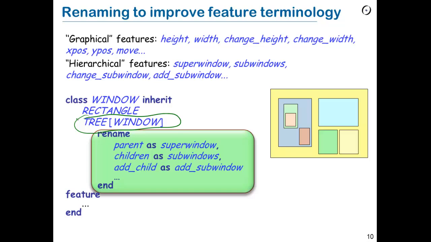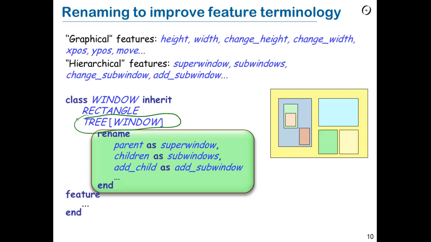However, in the class tree, we are going to have terminology which is adapted for the tree view of things. Things like parent, children, add a child, remove a child, and so on. Now, for class window, these features are completely appropriate. We actually are going to need all these mechanisms, but maybe the terminology, maybe the names are not quite ideal.